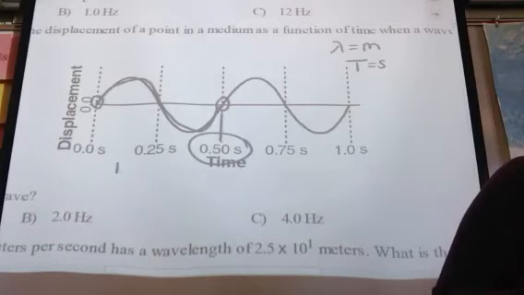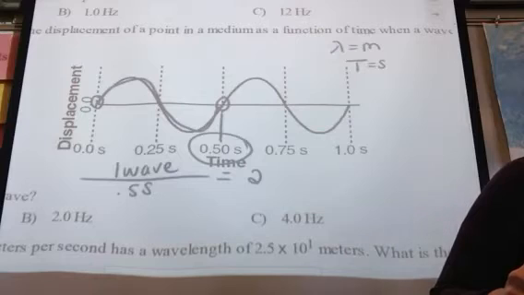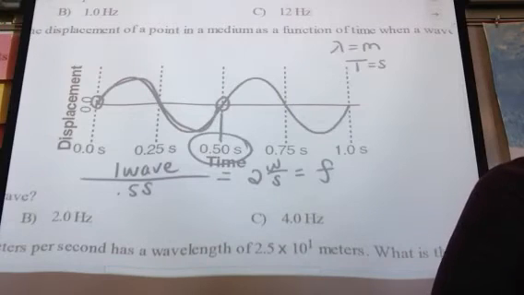The other way you can write this is one wave over 0.5 seconds, which would equal 2 waves per second, which is the frequency. Okay?